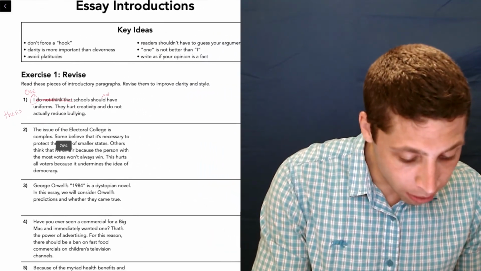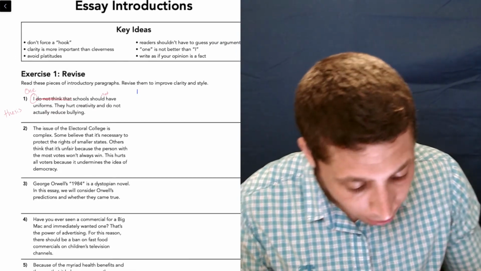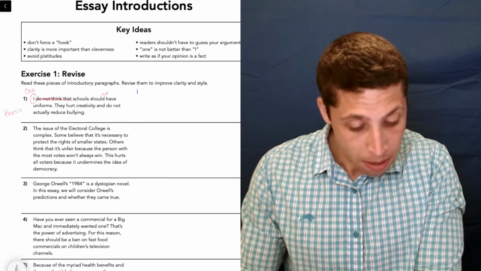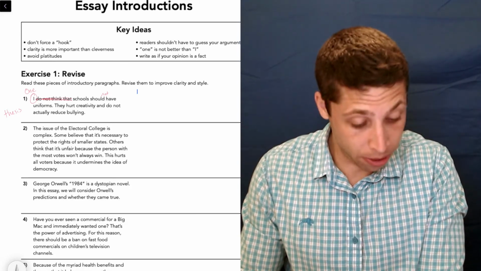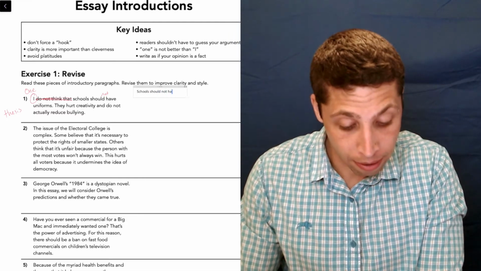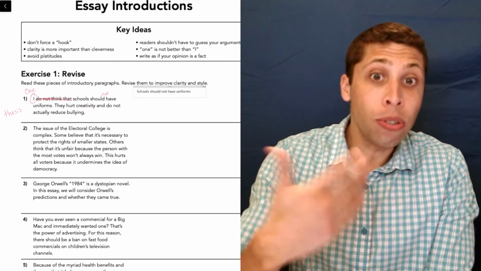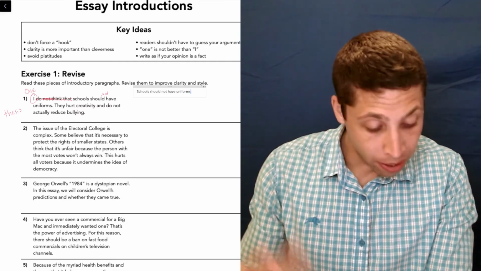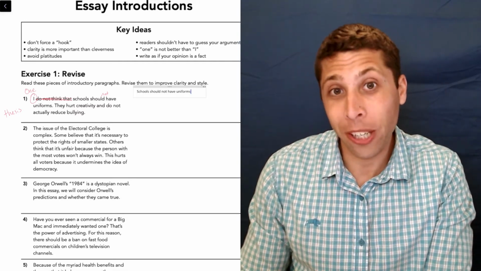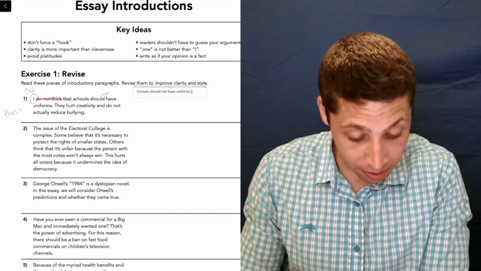So how might we rewrite this whole sentence? Let's see here. There's a couple ways to do it. There's not just one way. But what I would say is something like what I've written here. Schools should not have uniforms. And now as we do stuff like that and we trim away some of these unnecessary phrases, that means also we can start to combine sentences, and this could really just become one sentence.